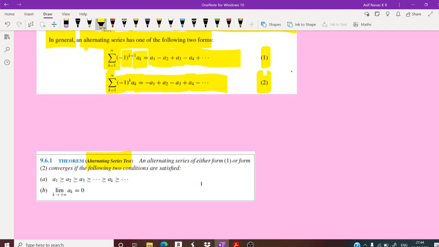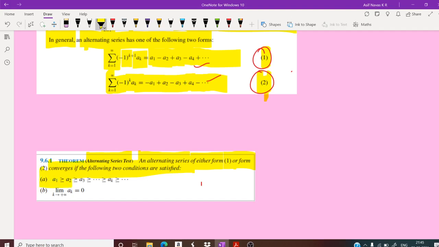The alternating series test states that an alternating series of form 1 or form 2 converges if the following two conditions are satisfied.